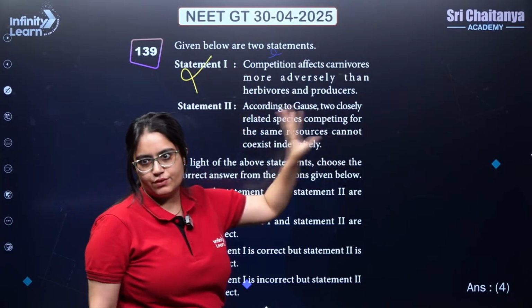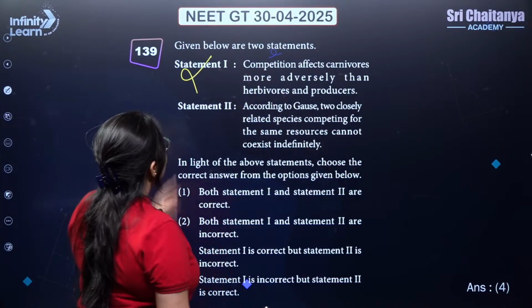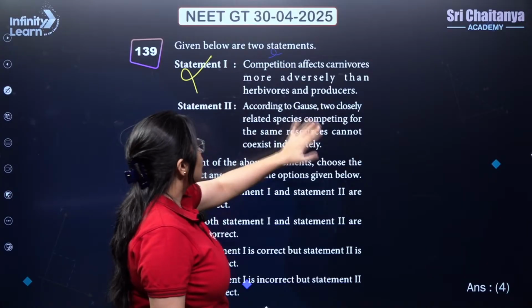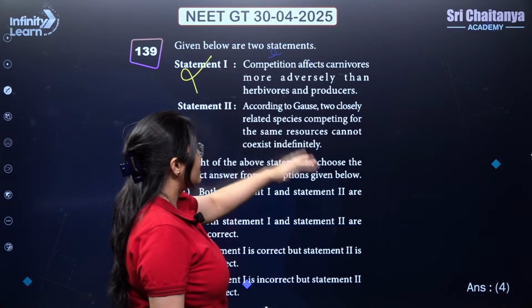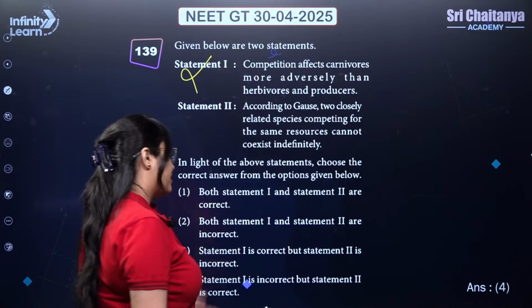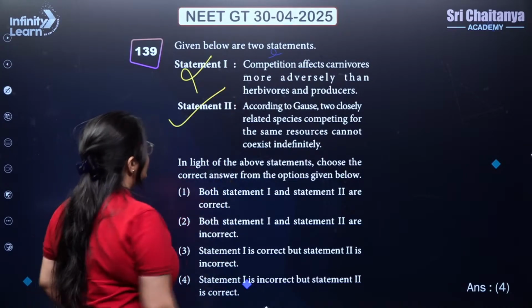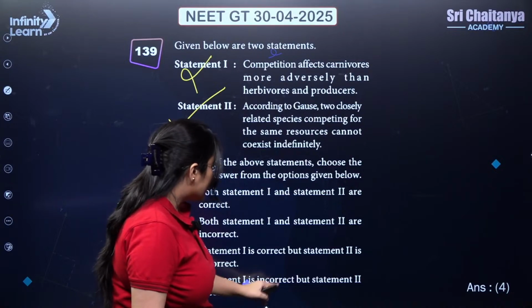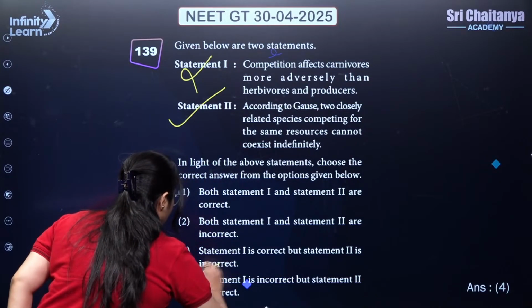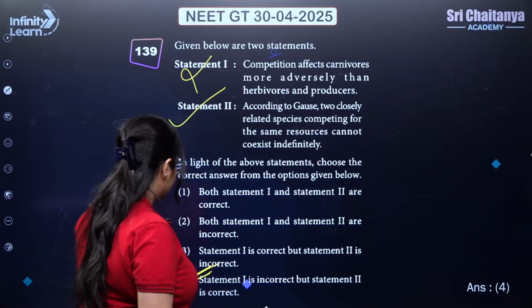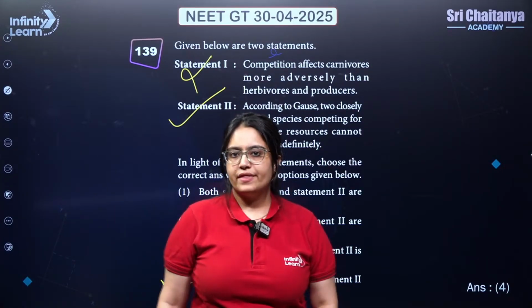This is the right statement from your NCERT. According to Gause, 2 closely related species competing for the same resource cannot coexist indefinitely. So this is correct. Statement 1 is incorrect, but statement 2 is correct. So answer is 4. Okay, next.